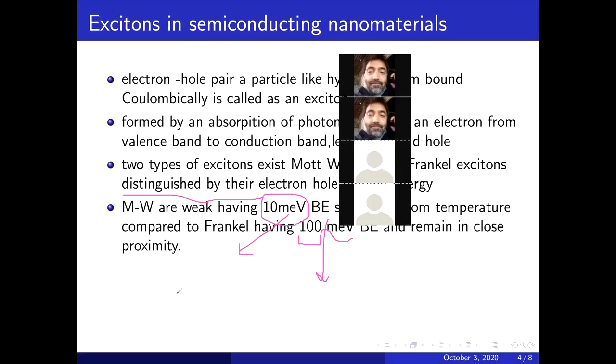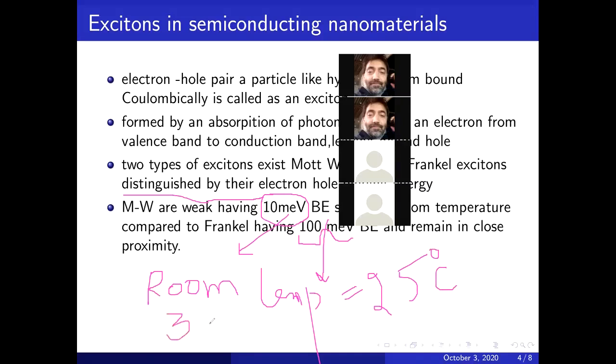And just to make a comprehensive understanding here, room temperature, which we take as 25 degrees Celsius here. If you convert this 25 degrees Celsius, it is around 300 Kelvin.